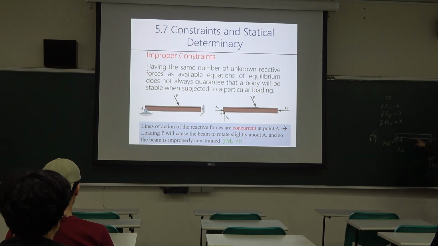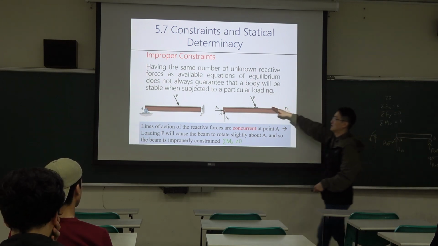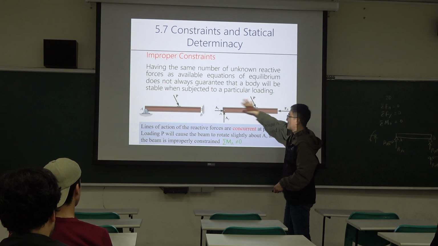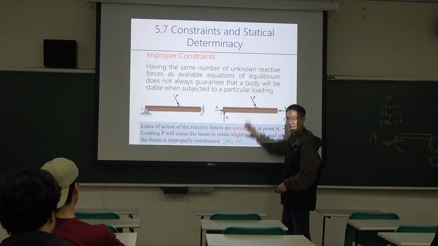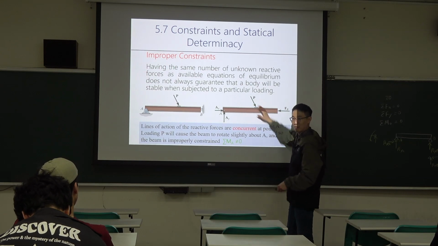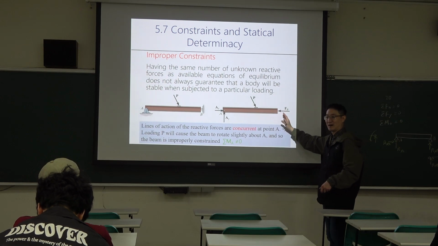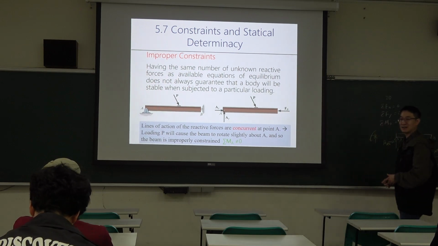But if we change the point B reaction so that point B provides force here, then with an external loading here, the overall structure can rotate. Can you imagine? It can rotate, so it's not stable. That's an improper design.